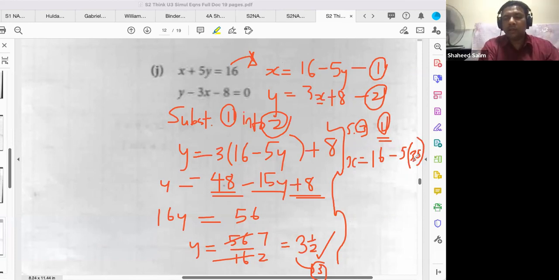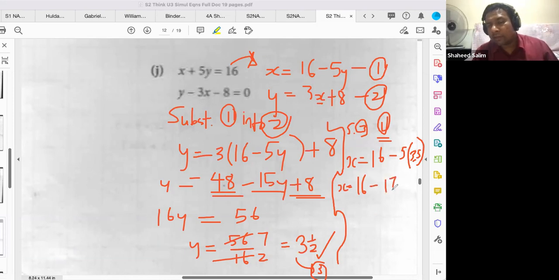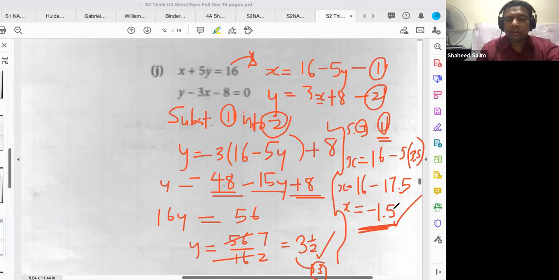I gotta check, 5 times 3.5 is 17.5. So x equals 16 minus 17.5. So the answer is negative 1.5. So we get x equals -1.5 and y is 3.5.